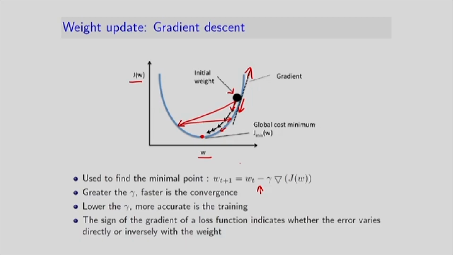I am moving in the opposite direction of the gradient, and the parameter gamma controls the learning rate. If gamma is high, the convergence is faster. If gamma is low, the training is more accurate, but it will take time for the convergence.